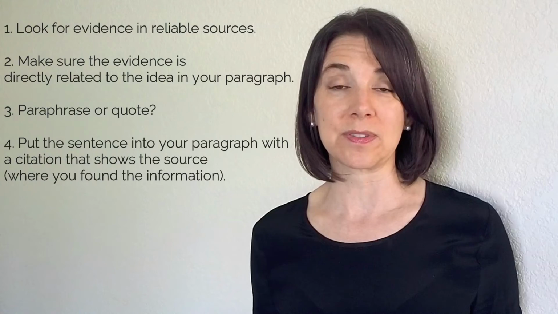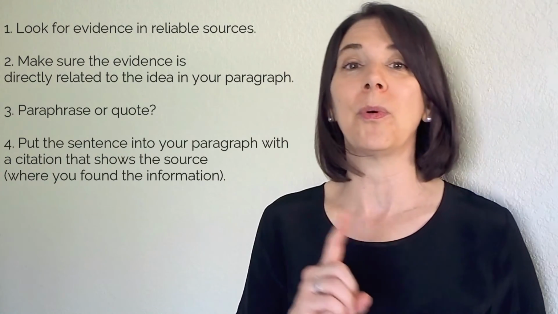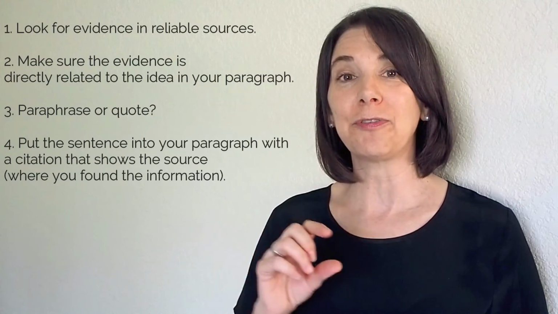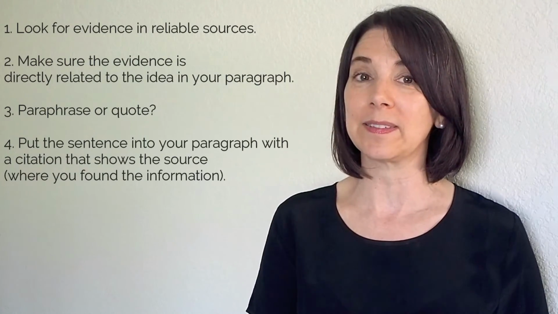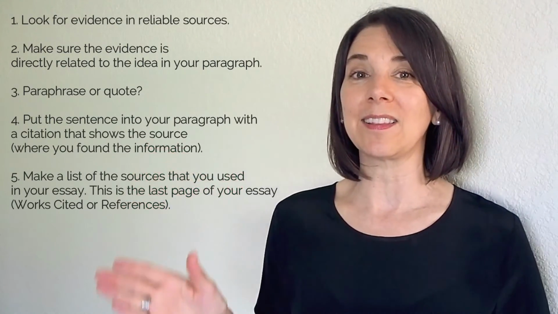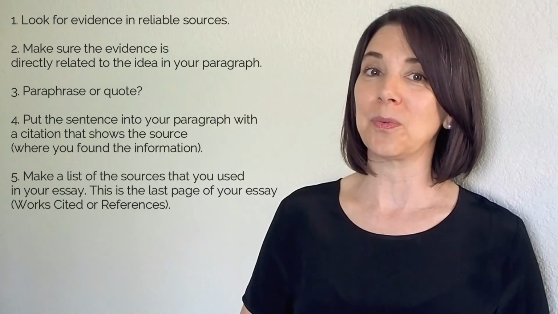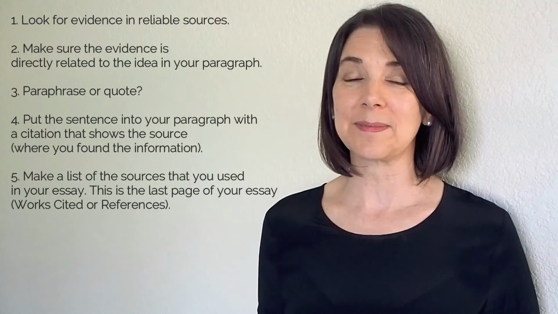What is the source? You need to know if your class uses MLA or APA, and then you're going to follow the rule for how to make the citation. Finally, don't forget to include the sources in a list that goes on the last page of your essay. This is called the works cited or references.